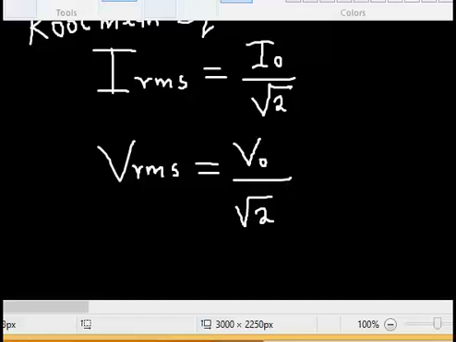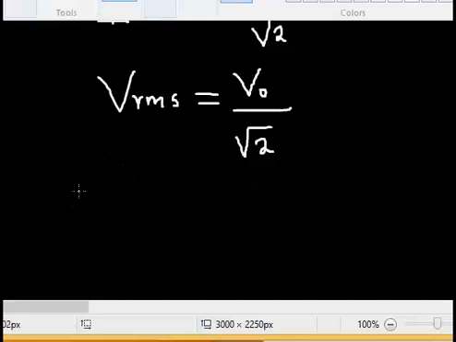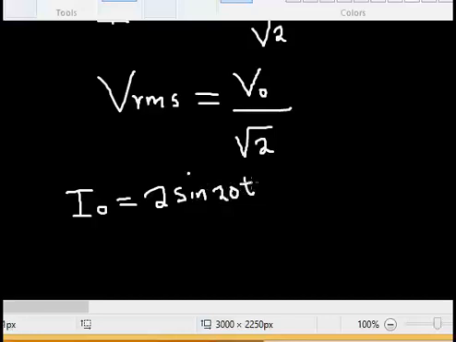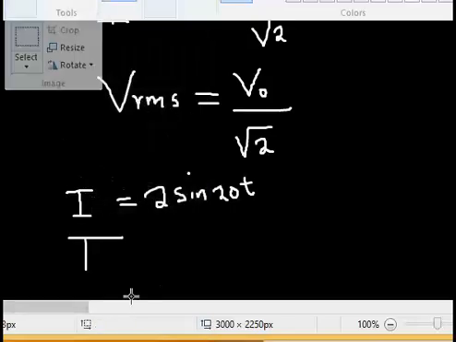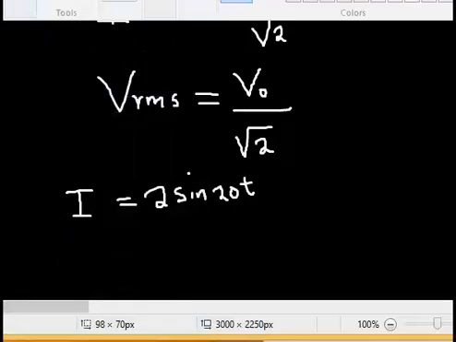So if I should have, let's say, an alternating current equation, probably given as I = 2 sin 20t, and you're being asked to find, please pardon me, this is I not I0, and you're being asked to find the IRMS of this particular alternating current.